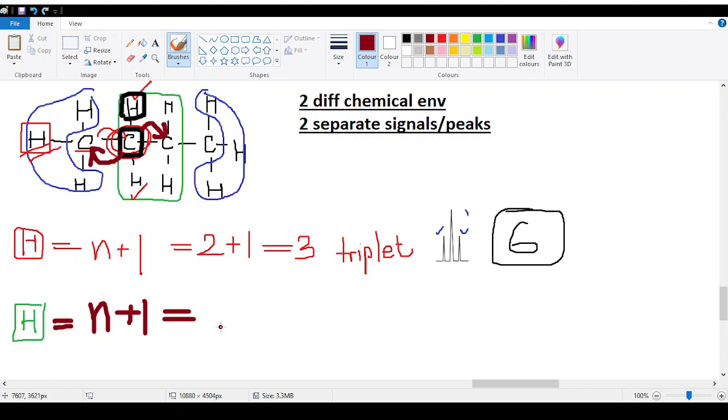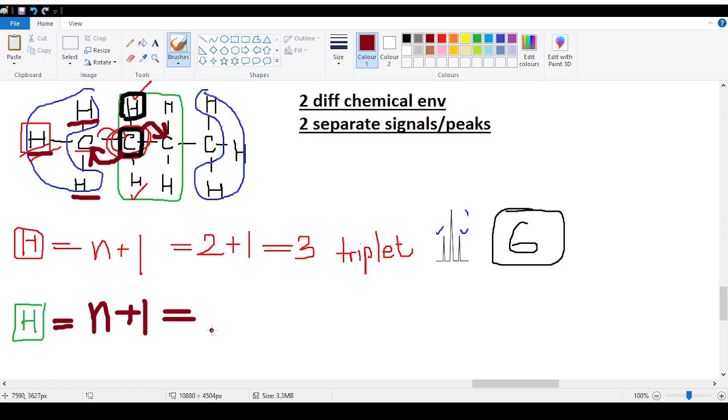Remember, whether we can take them or not depends on whether they're the same environment or different environment. We can take them if they're different. Out of the five, this hydrogen and this hydrogen have a different environment than the one that I've circled in black.